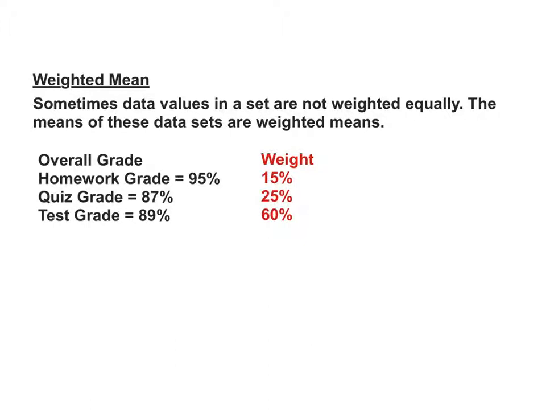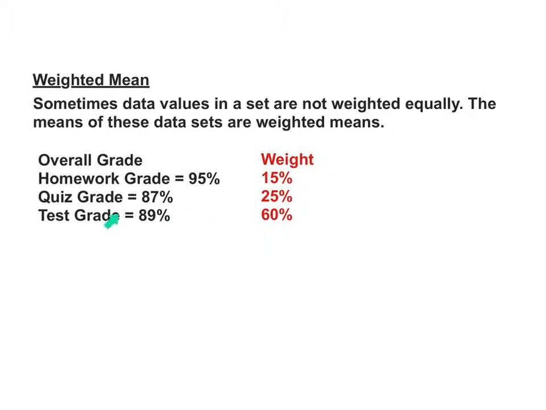So what we do is we take the particular grade for that category and multiply it by the weight. Then add those up and divide it by the total percent. Okay? And in this case, it's 100%.